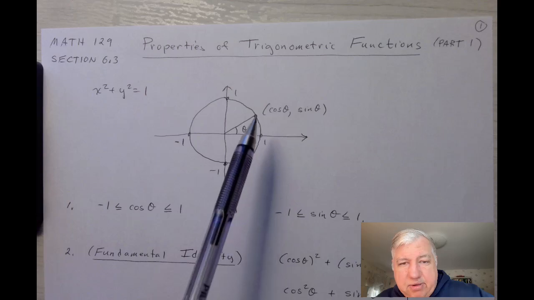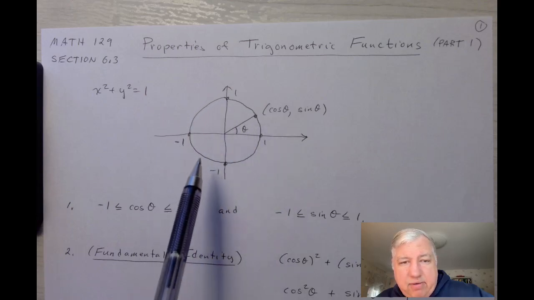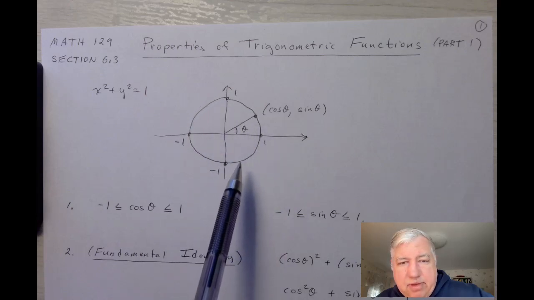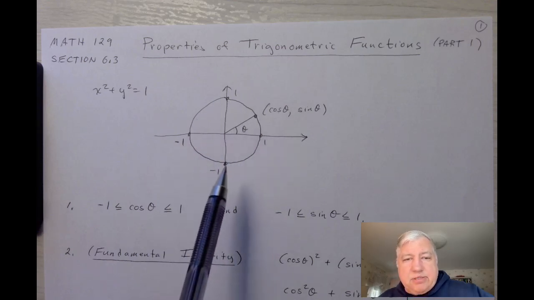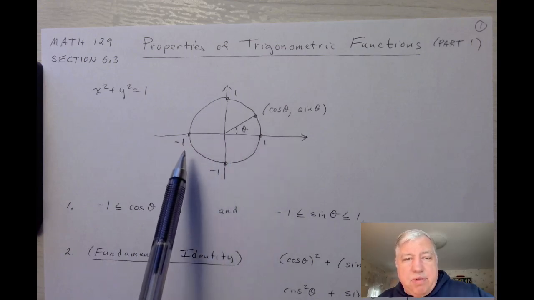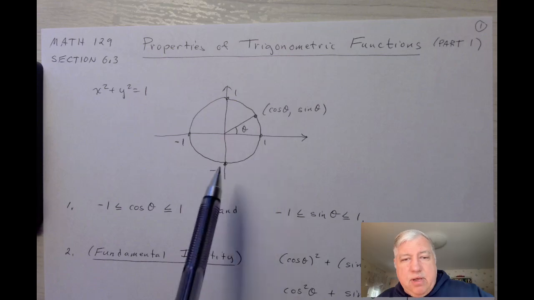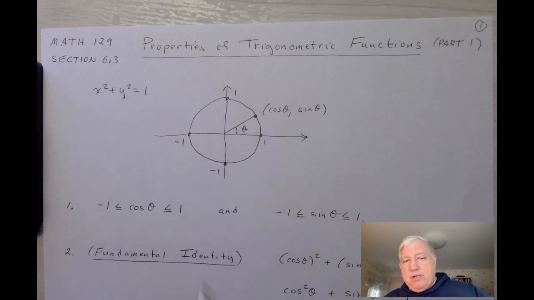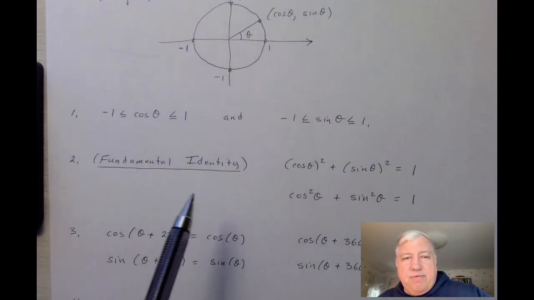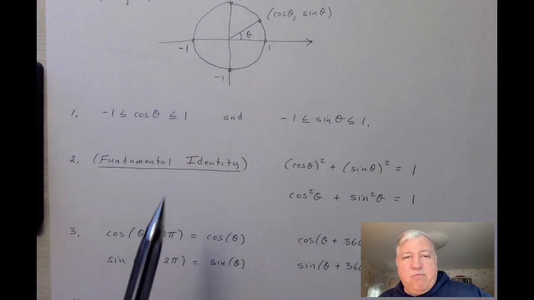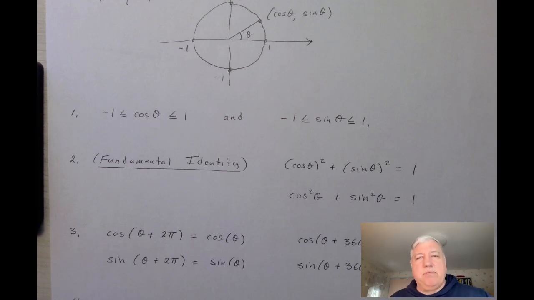So take any point on this circle, and its x-coordinate is always going to be between -1 and 1, and the y value will also be between -1 and 1. And so therefore, it makes sense that the cosine and sine of theta are bounded between -1 and 1. Okay, that's hopefully obvious.